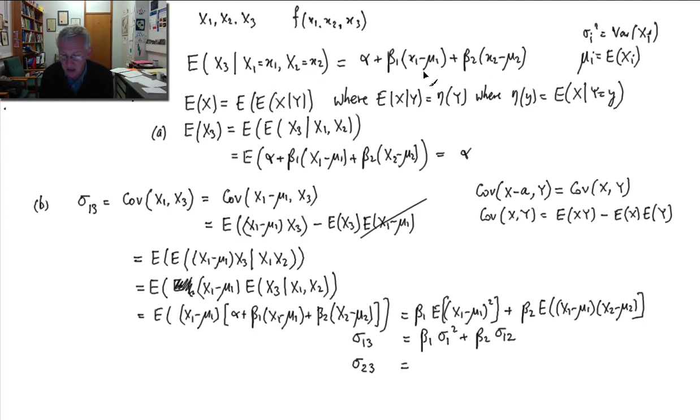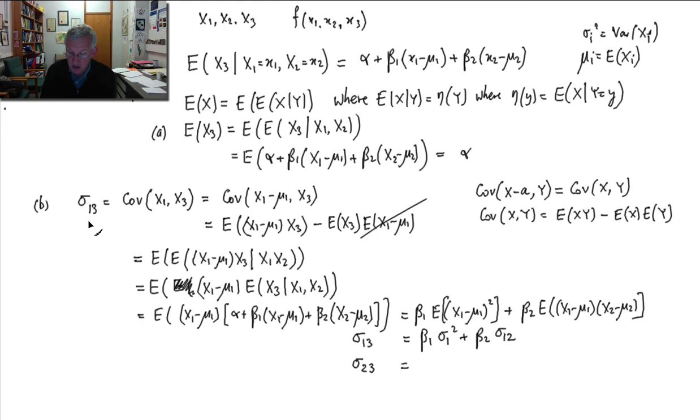If you interchange 1 and 2 in this expression, it doesn't change. So when you repeat this argument, wherever you see a 1, you replace it by a 2, and wherever you see a 2, you replace it by a 1.